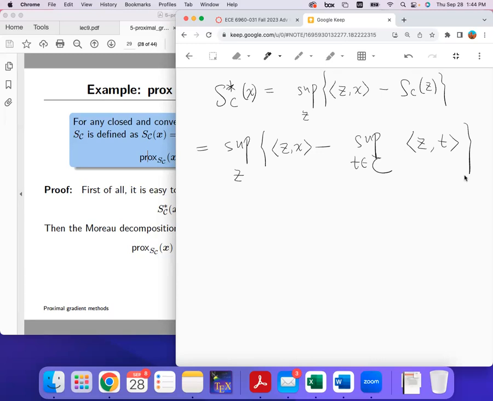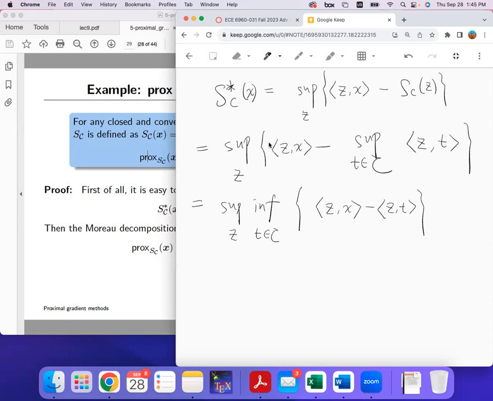And then what do we do? I can make the sup an inf, because I pull it out of this negative sign, so sup becomes inf.